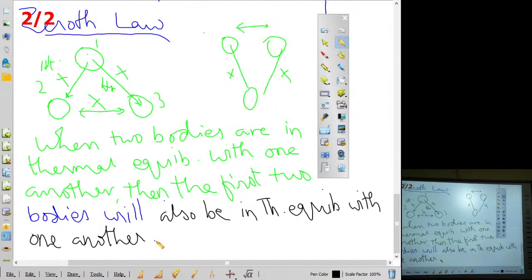Yes. This is all about zeroth law. So this is zeroth law. I have already given the heading beforehand.